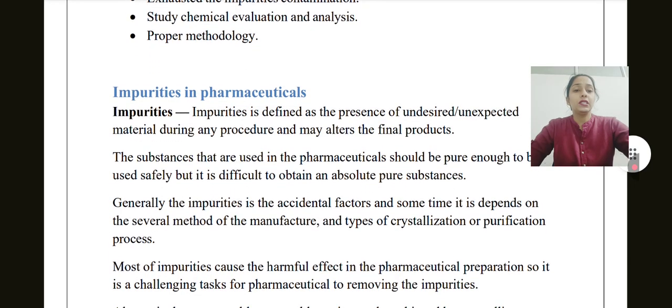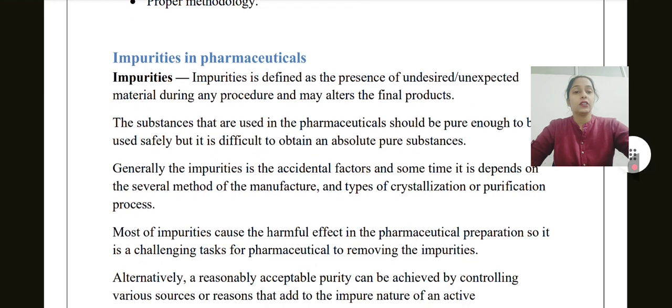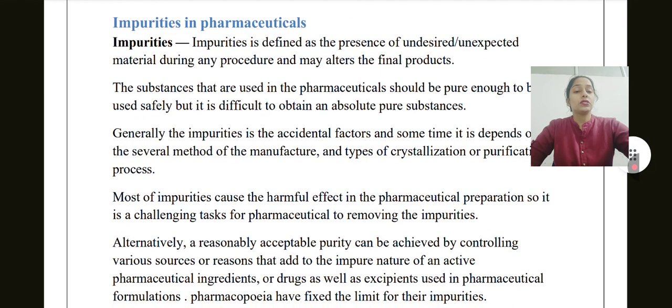Generally, impurities are an accidental factor and sometimes depend on the several methods of manufacturing and types of crystallization of purification processes. Most of the impurities cause harmful effects in the pharmaceutical preparation, so it is a challenging task for pharmaceuticals to remove the impurity.